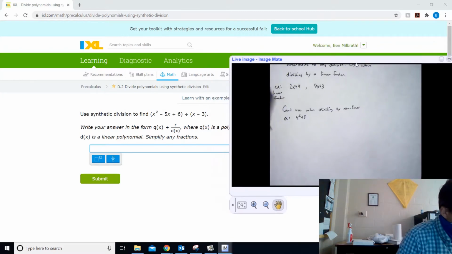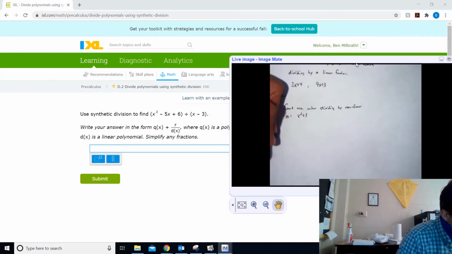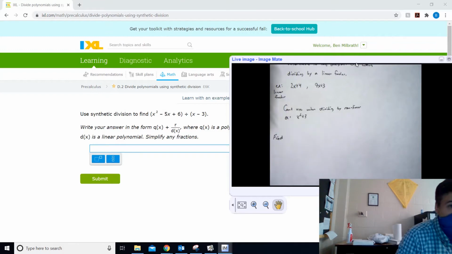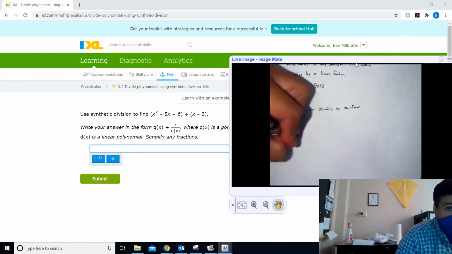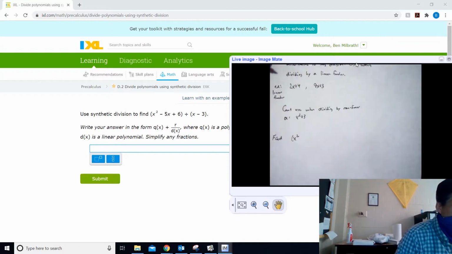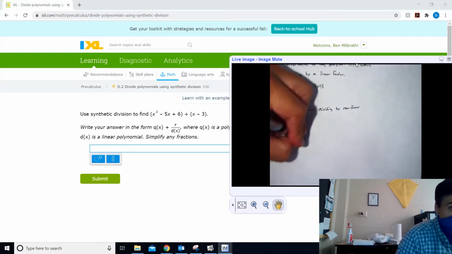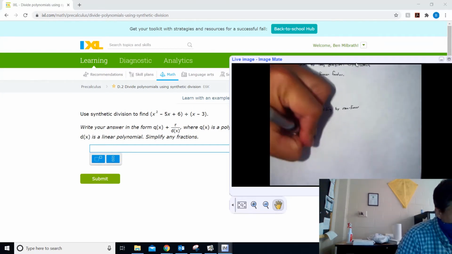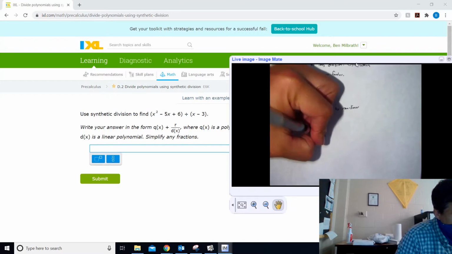Here's our example: use synthetic division to find x squared minus 5x plus 6 divided by x minus 3.